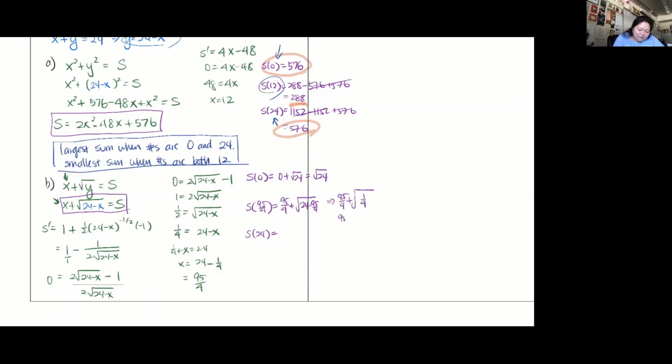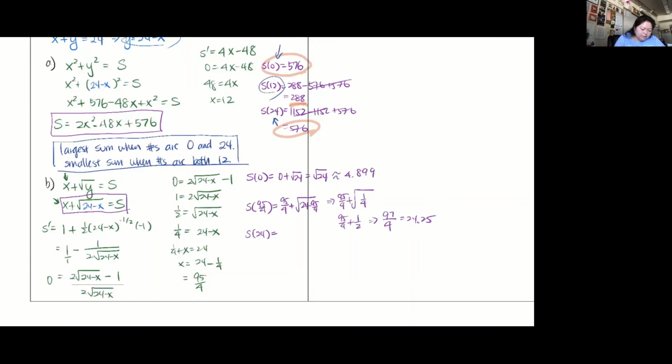So this is 95 over 4 plus 1/2, which gives us 97 over 4. It's important to know that, 97 over 4. And if you want, you can do a calculator one just to really quickly see the answer. So this is 24.25. And then root 24 is about 4.899, just so you can compare later, okay?